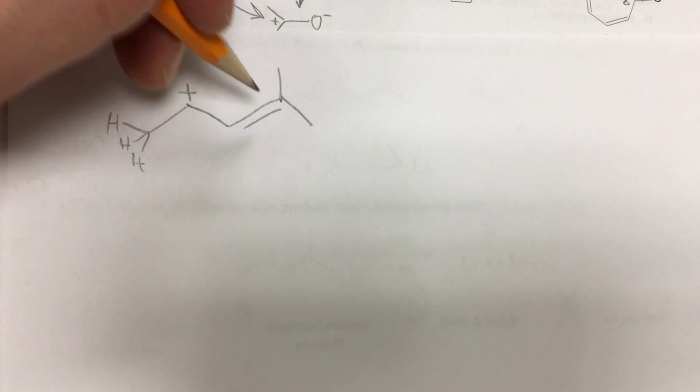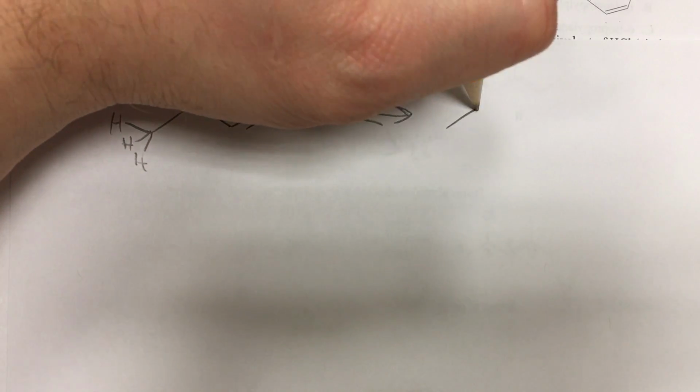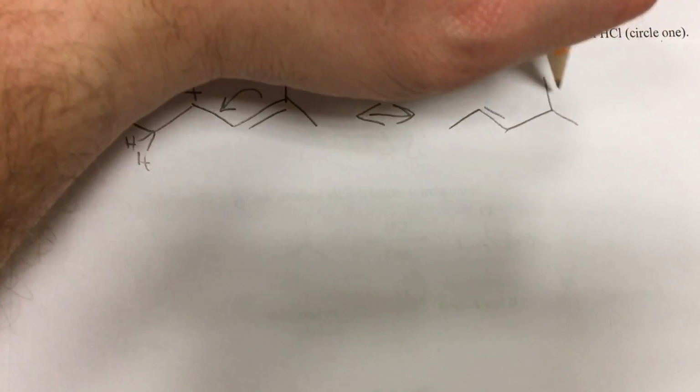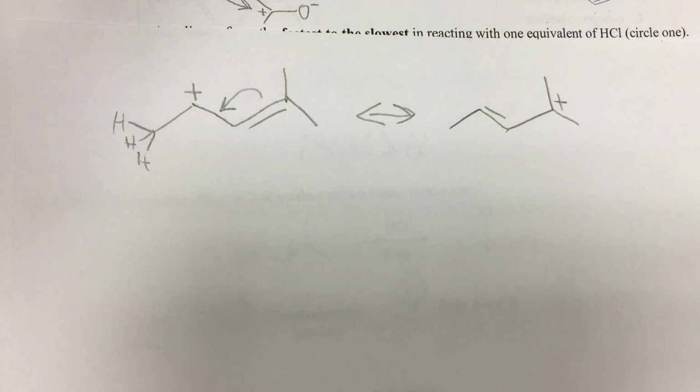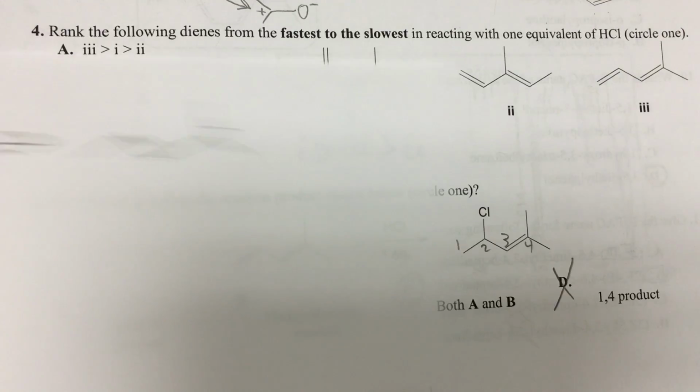So the hydrogen added here at the end, forming that carbocation because it is resonance stabilized, like such. And the next thing is we notice that the double bond here is not shown right here in the product.